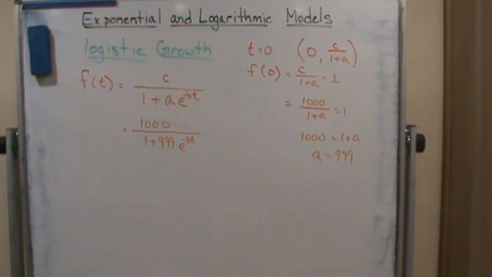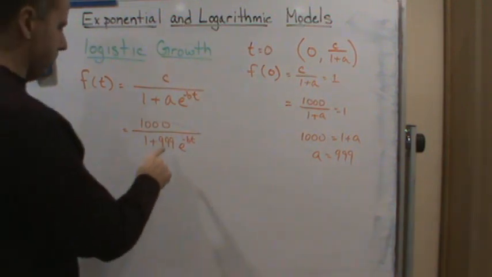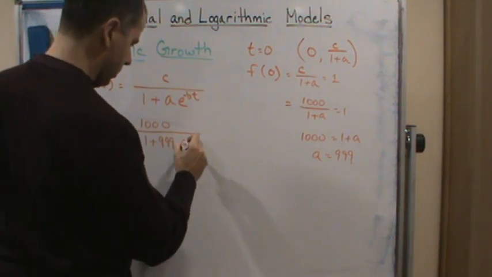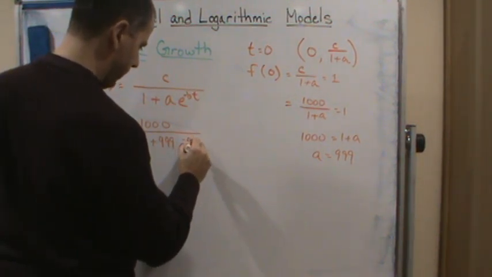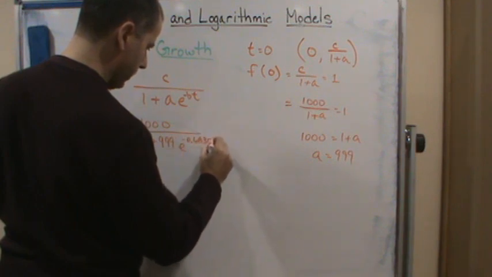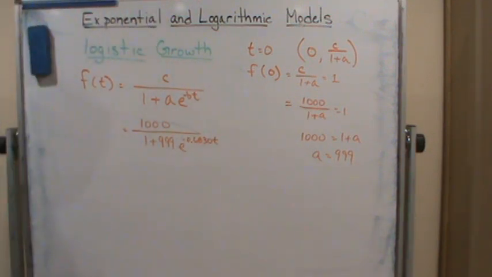B, oh, they give us B. B is 0.6030. So it's 0.6030 times t. Again, the growth constant B is 0.6030.